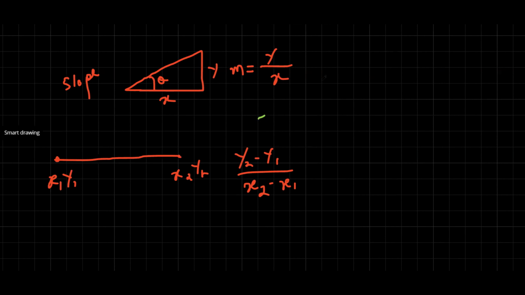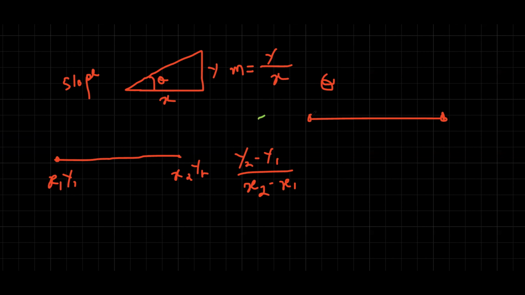Now suppose we are given several points: point 1, point 2, point 3, and so on. The idea is that for each pair of points, we will check how many points lie in between these 2 points if we connect them with a straight line.